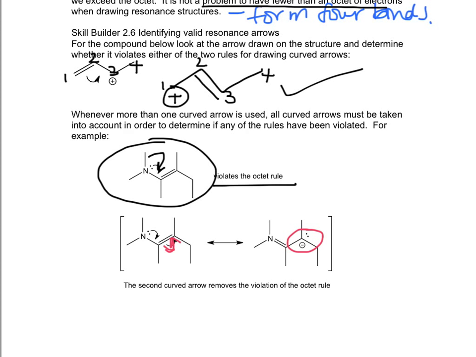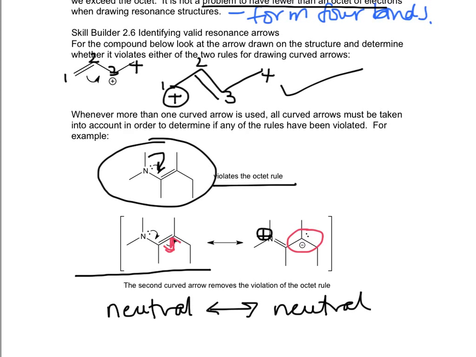And what I left out here is that we should have a plus charge on that nitrogen. Now if we look, our starting structure is neutral, so our resonance structure must be neutral as well overall. And that's what's shown here. We have a positive on the nitrogen and a negative on the carbon.